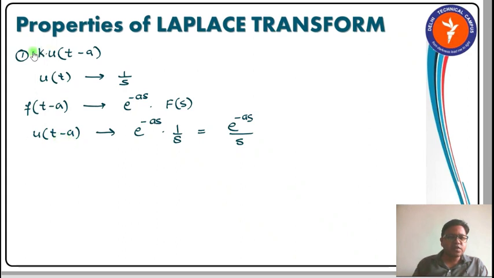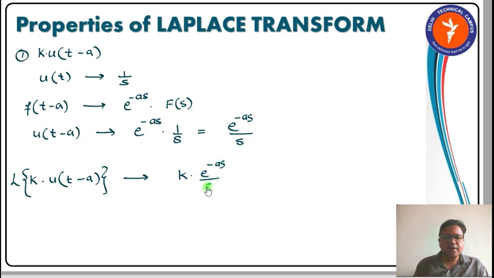But this function is scaled, and we already know by the scaling property that the scaling is not transformed, it is kept the same. So the final answer, the Laplace transform of k u of t minus a, will be k times e raised to power minus as divided by s.